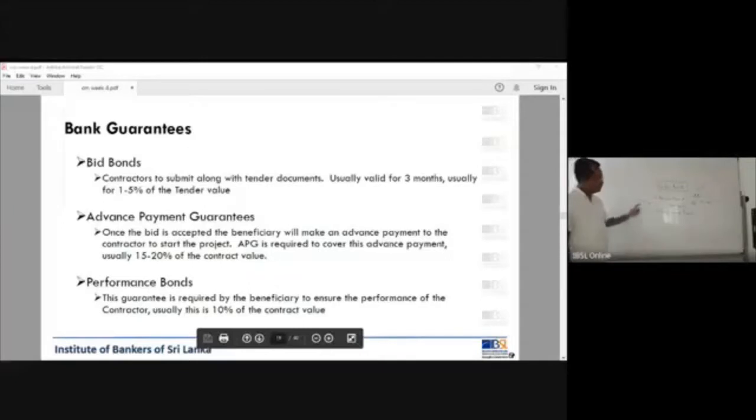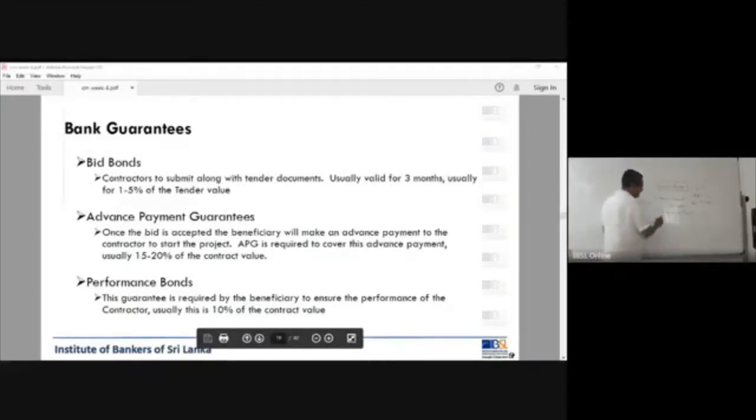So UDA wants a bank to say, my customer will perform as per your specification. If not, I will compensate you with 10% of the tender value. If not, the bank will compensate. Those kind of bonds are called performance bonds.